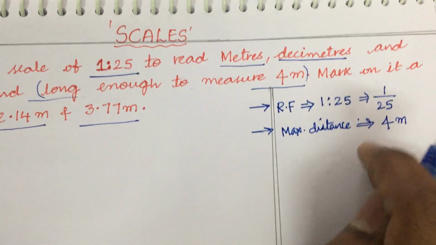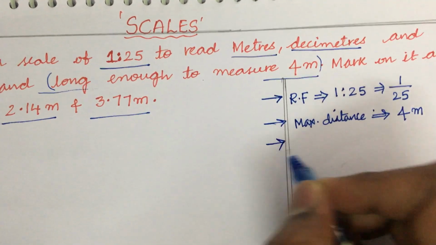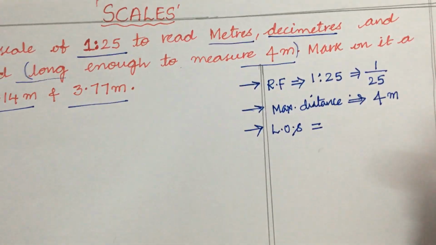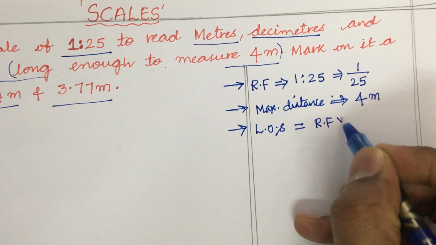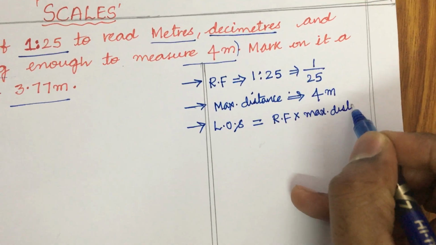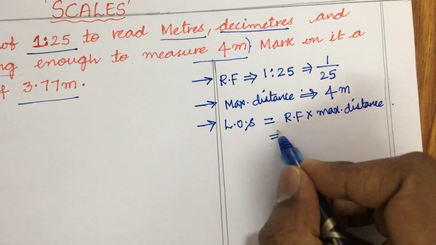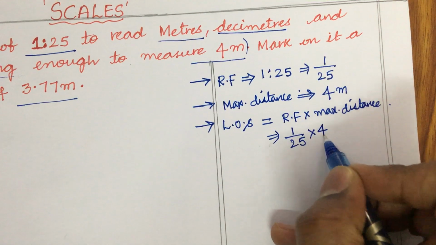I cannot plot a 4 meter distance on my drawing sheet. I need to work out the length of the scale. So what is the length of the scale? The length of the scale is RF into the maximum distance. RF here is 1/25 into 4 meter.